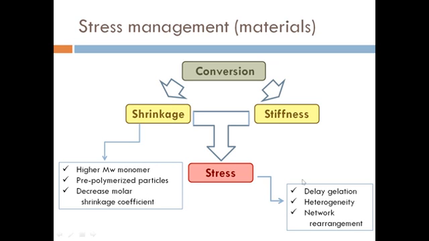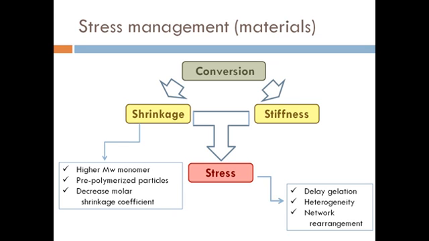There's ways that you can do to reduce stress itself. I'm not going to go into all of those because those are heavy polymer chemistry concepts that are not pertinent to the class right now. But there are some functionalities on monomers where you delay gelation, you induce a heterogeneity, or you introduce network rearrangement moieties that are able to reduce the stress directly.